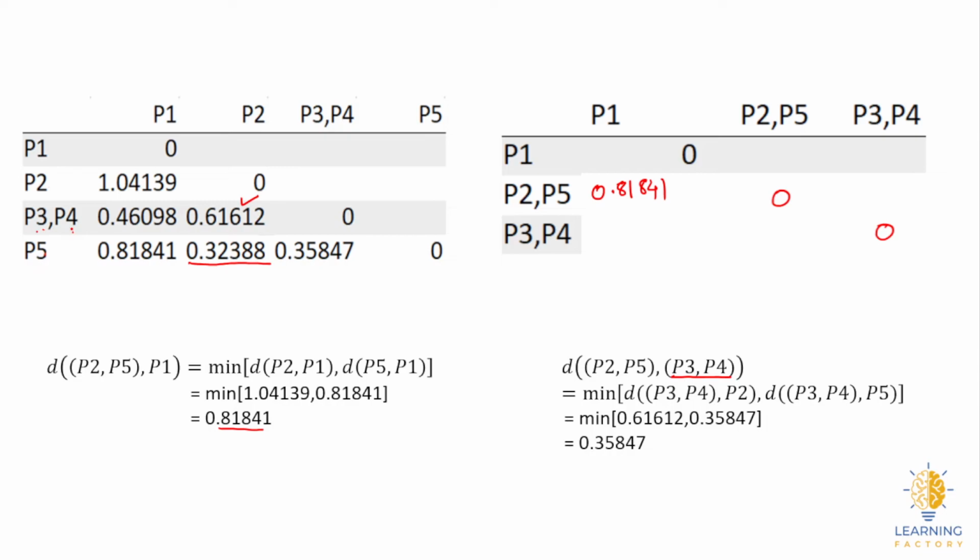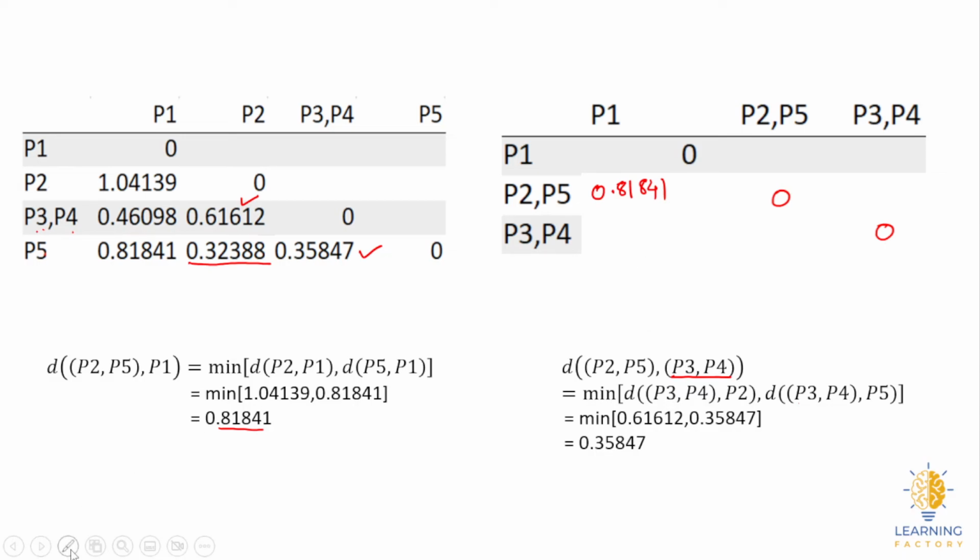And P3, P4 and P5. So these two distances we need to compare. So P3, P4, P2 distance is 0.61612 and P3, P4 to P5 distance is 0.35847. So pre-computed distances in the earlier iteration we are making use of, okay, and we'll be finding out the minimum. So the minimum is 0.35847.